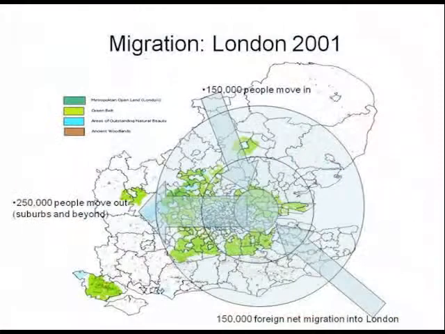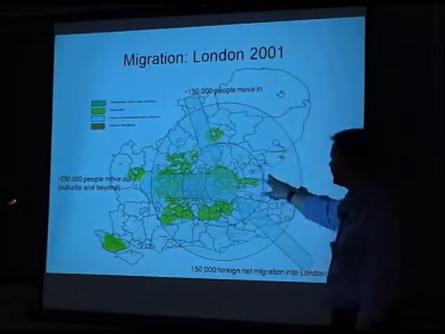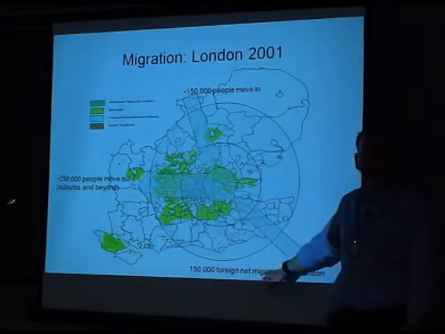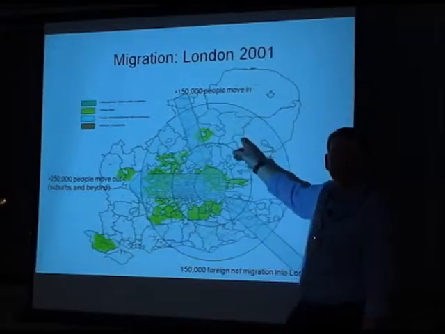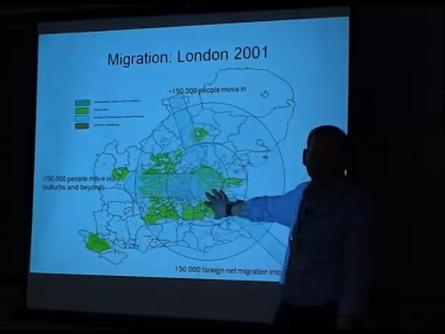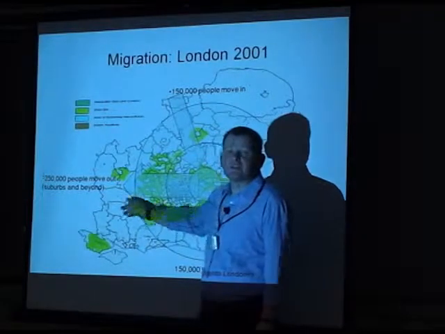How do you deal with service provision when so much is changing? And just look at this simple diagram of the southeast of England. London is here, the south coast and the east coast. 150,000 people moved in from other countries into London in one single year. 150,000 moved in from elsewhere in the UK. 300,000 people arriving on the streets of London, while 250,000 people are moving out.